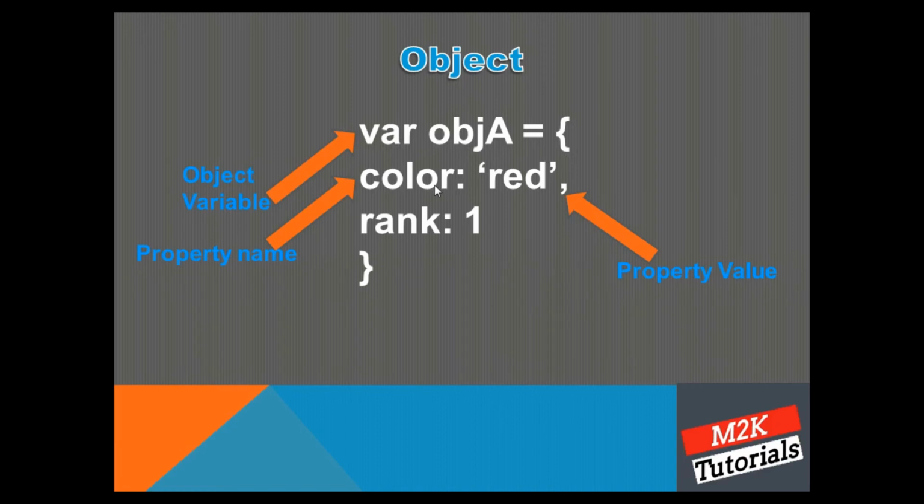This is the property name, and this is the property value, which is of type string. This is the second property, and this one is the property value, which is a number. Okay, so an object can consist of multiple properties which have some values.